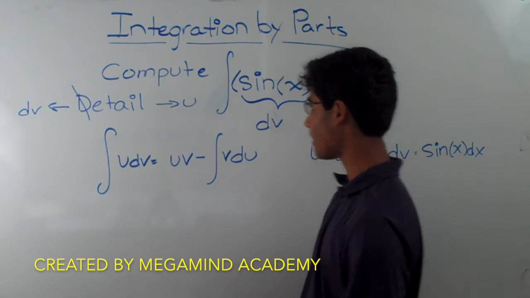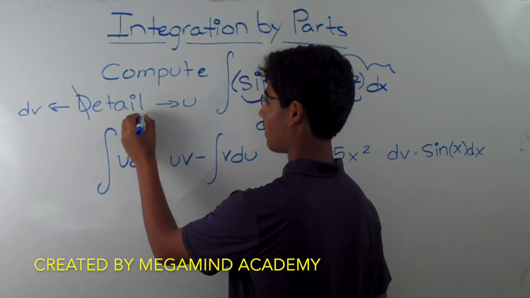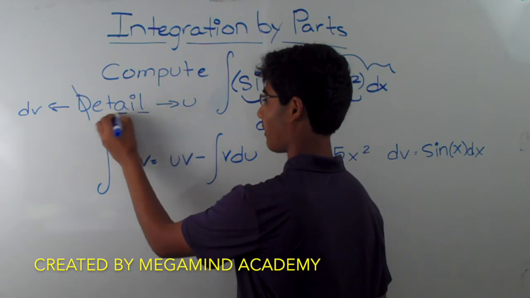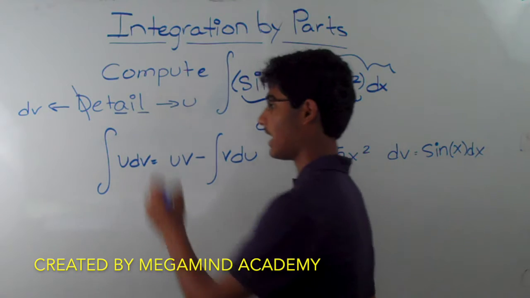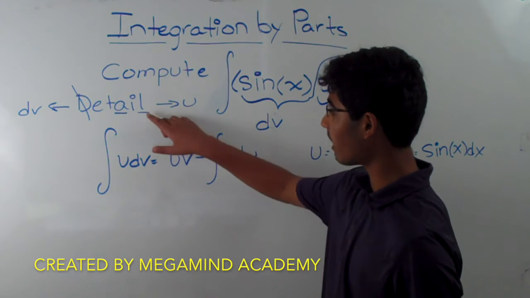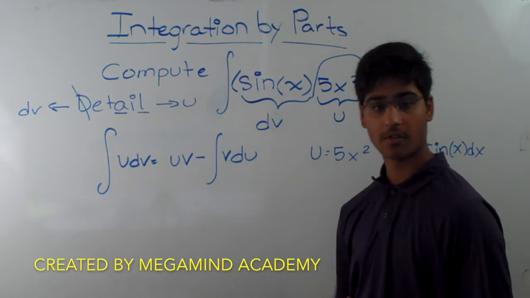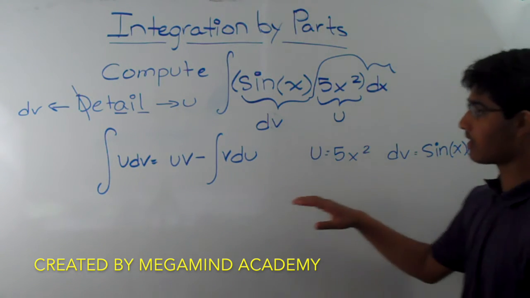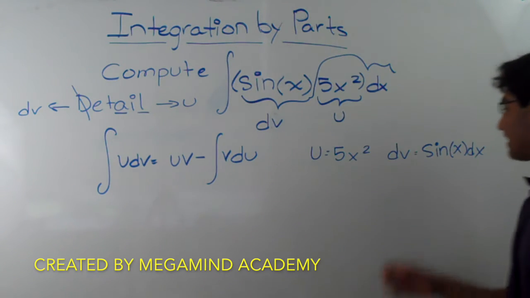So, let's say that we had two parts, and one of them was a logarithmic function, and the other one was an algebraic function. Well, then we would set dv equal to the algebraic function, and the logarithmic function would be u. So if you have two, whichever one is closer to u, we would name as u, and whichever one is closer to dv, we would set as dv.